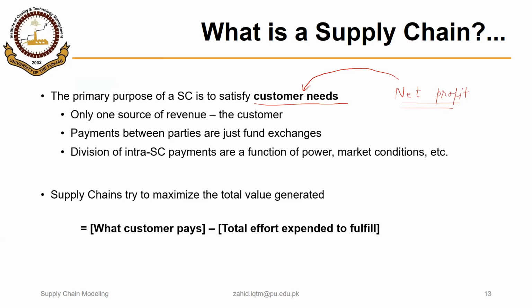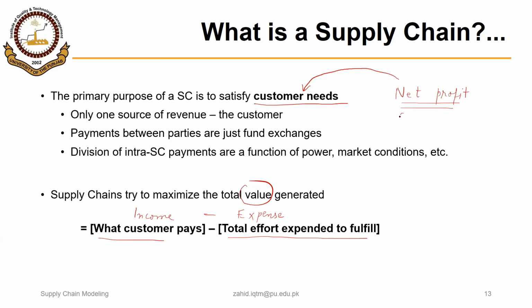Sometimes a fancier word for profit is used, that is value. That is the difference of what the customer pays minus the total effort expended to fulfill, that is actually income minus expenses. The new definition of the goal of any supply chain, of any organization, actually is to satisfy customer needs, to maximize profit, as well as take care of two more things.